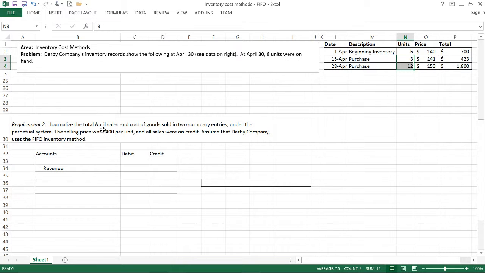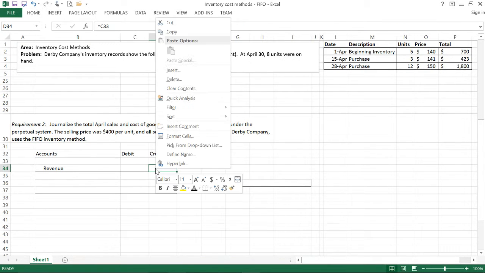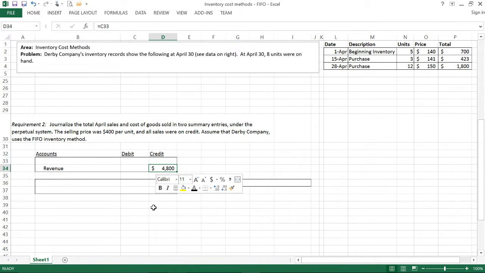And how much do we sell them for? We sold them for $400 per unit. So that is our sales revenue credit here, $4,800. Simply 12 times 400.